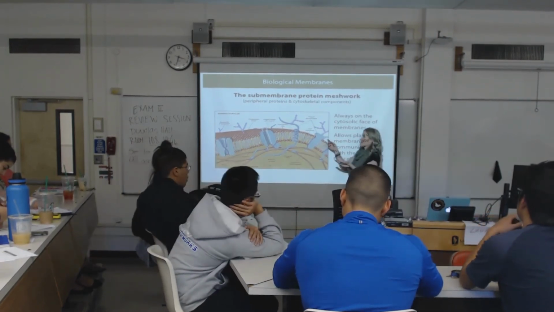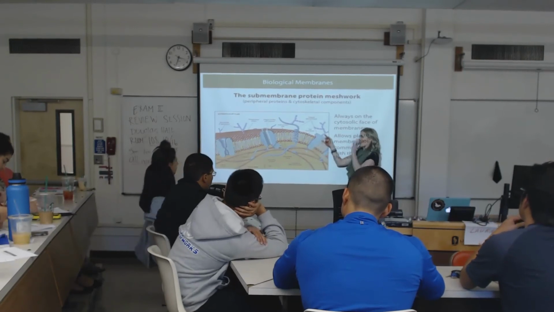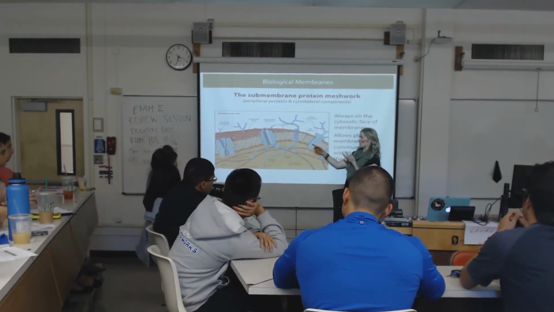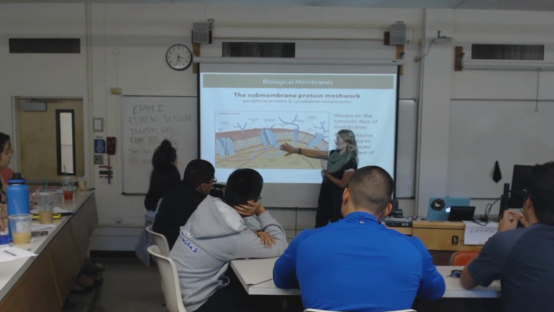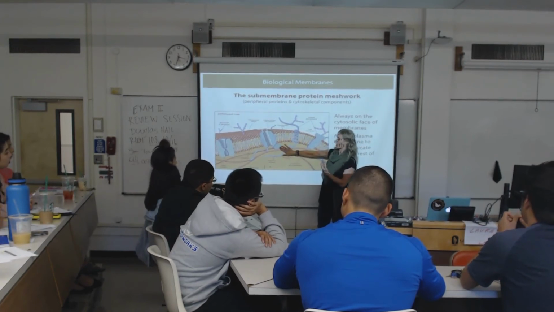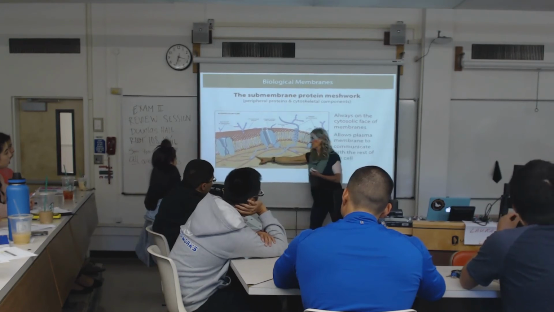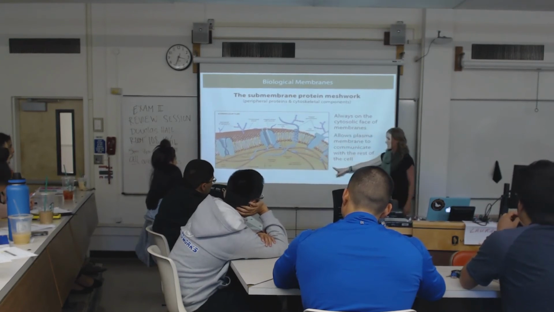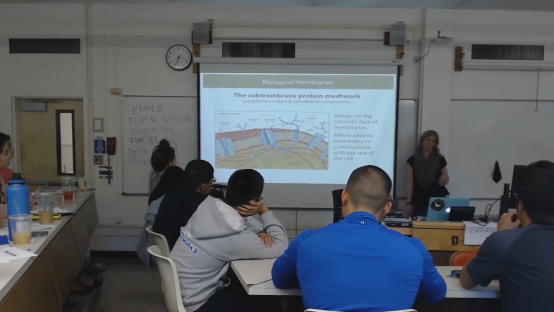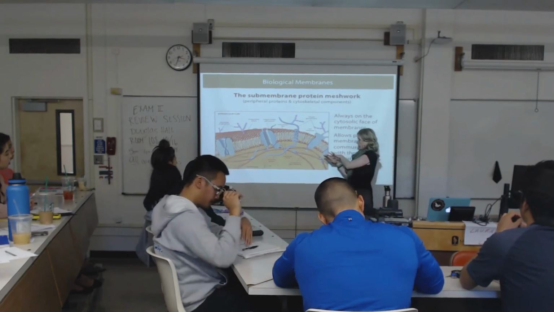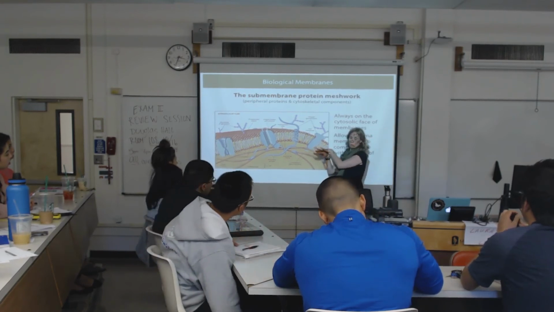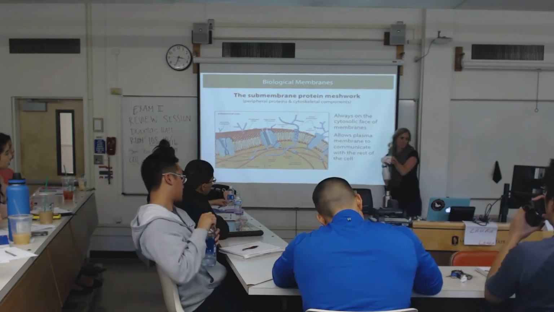Different from the proteins actually spanning the membrane, the submembrane protein meshwork would be the things that are peripherally associated with those membranes. These red tentacle-like things represent cytoskeletal filaments, specifically actin filaments that form this cool meshwork right underneath the membrane.